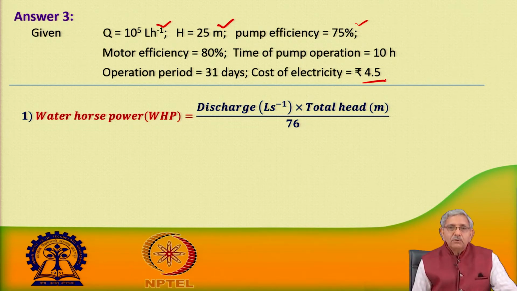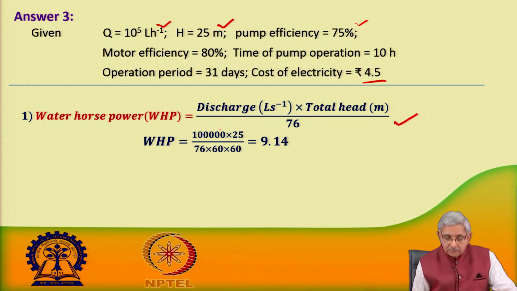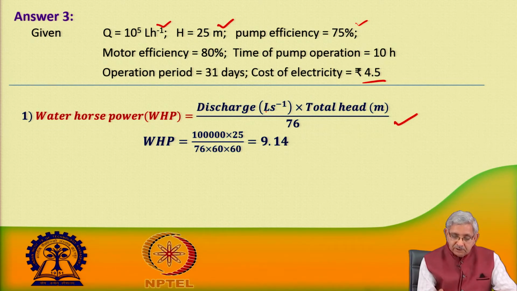Water horsepower is given by discharge in liters per second multiplied by total head in meters divided by 76. This is the WHP formula. So, we are simply substituting. The discharge is given in liters per hour, so we are converting it to liters per second: 10 to the power 5 divided by 60 multiplied by 60.